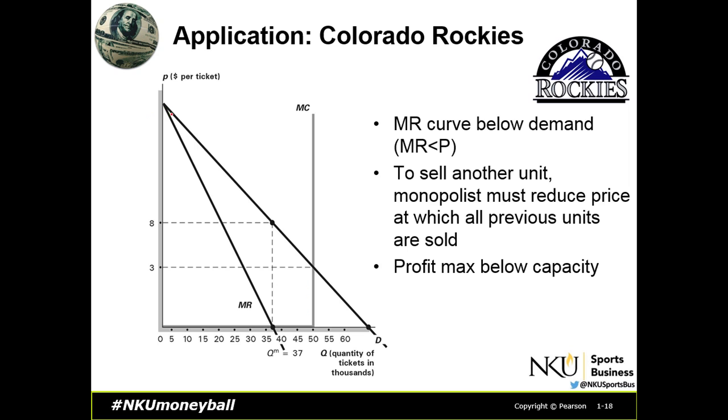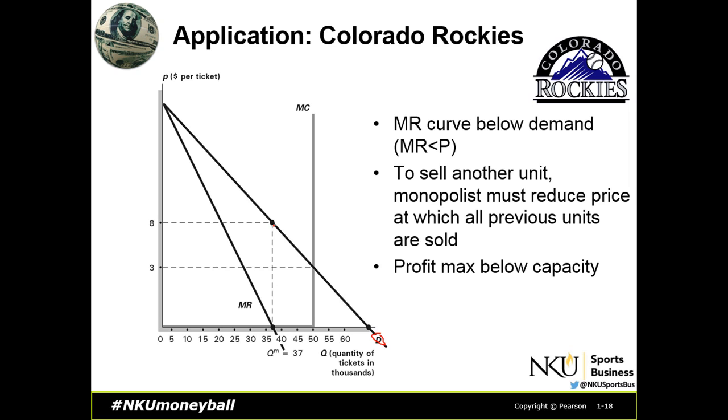Demand is here, so our demand line is right here. You see this signified with the D. So, for instance, there are about 37,000 people that are willing to pay $8 a ticket, let's say, to go to this game. Probably a little bit higher than that in actuality in terms of the ticket price, but let's just say $8.